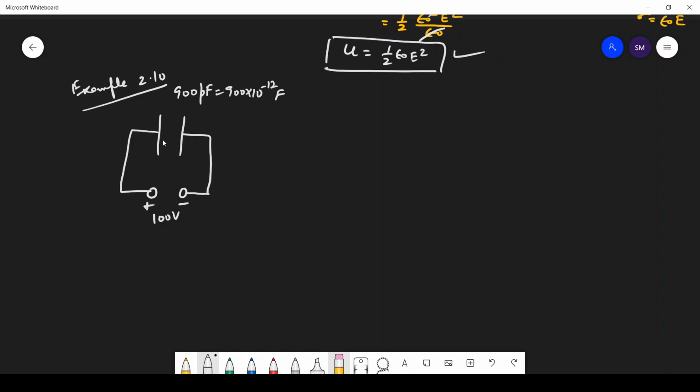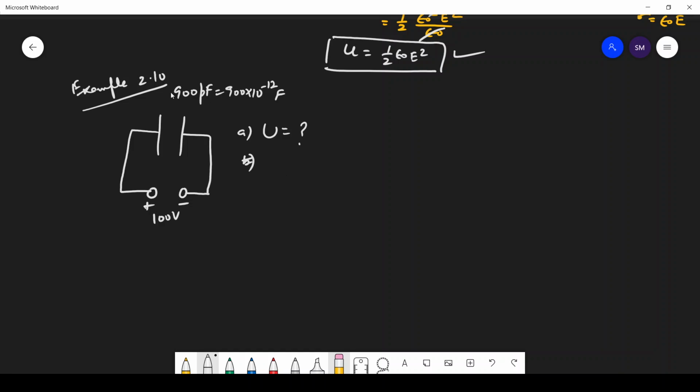So you need to find how much is the electrostatic energy stored by the capacitor. So energy stored, U, that's the first thing, and the B part is now the capacitor is disconnected, so that's the second part. Let us do the first part first.